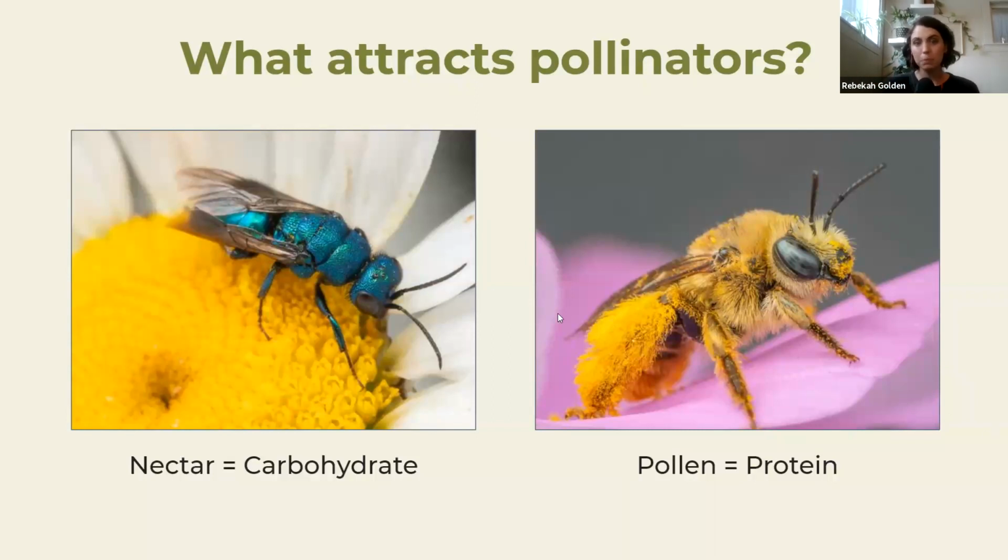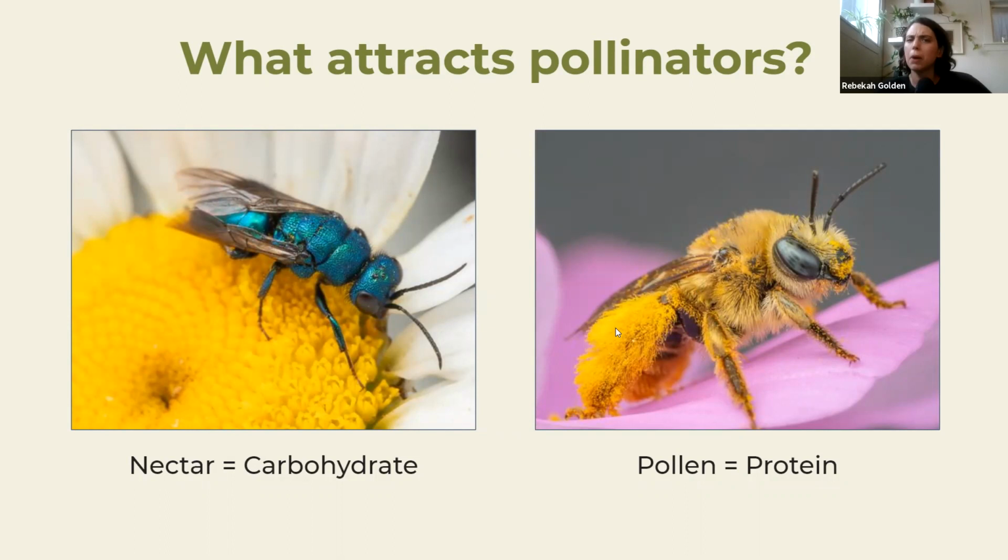Bees and wasps may be looking for nectar, which is a carbohydrate, their sugar source. In the case of bees, they're specifically looking to gather pollen as a protein source for their young. They'll usually carry that on external features on their bodies, like long hairs or scopae, like this bee here.